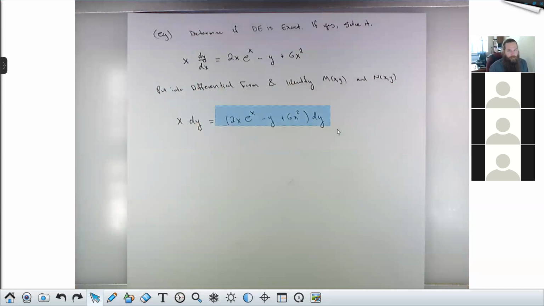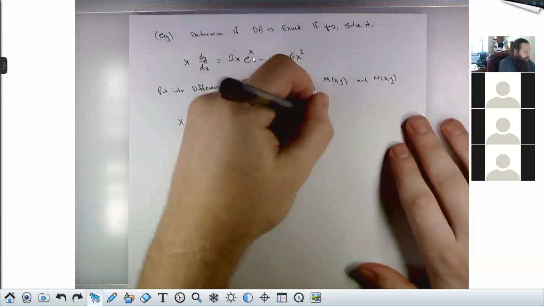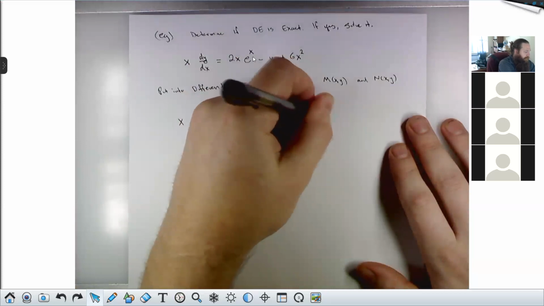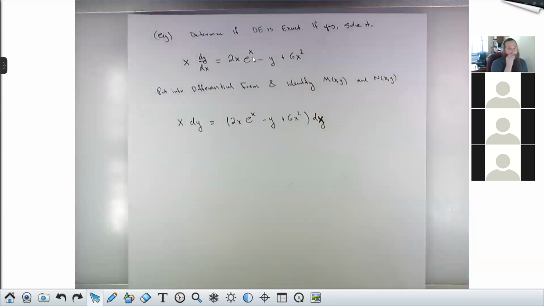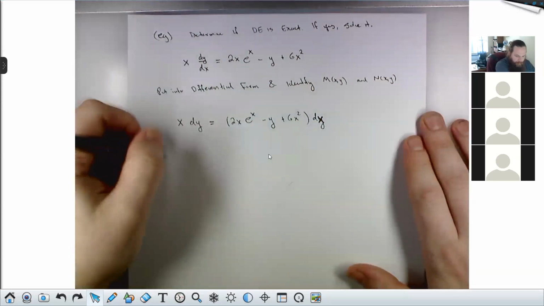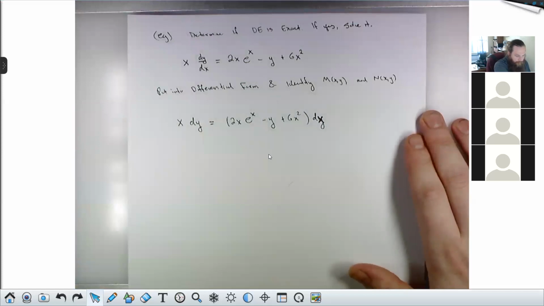Sorry, multiply both sides by dx. Then I'm going to pull all this stuff over to the left, and I'll write the dx term first.